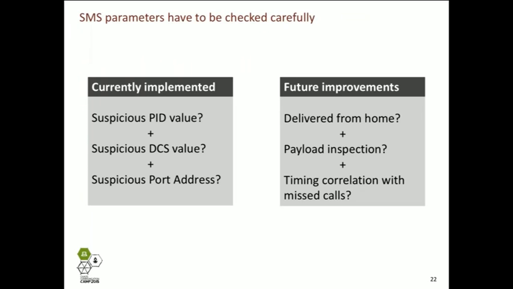So this is what is inside SnoopSnitch. There are three main criteria: PID, DCS, and port address. They are implemented and tested, let's say. And there are other options that we are thinking of implementing that are actually more difficult to test and make reliable.